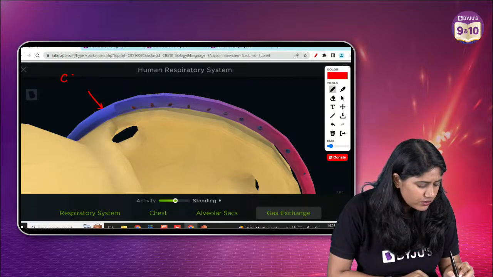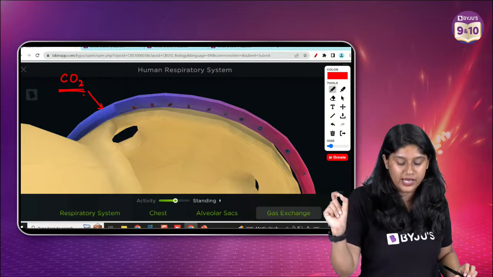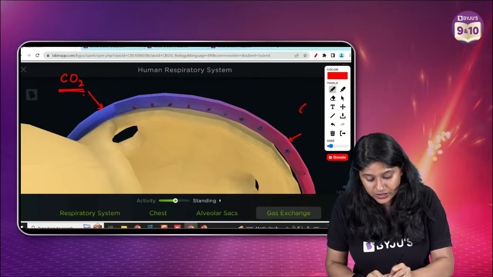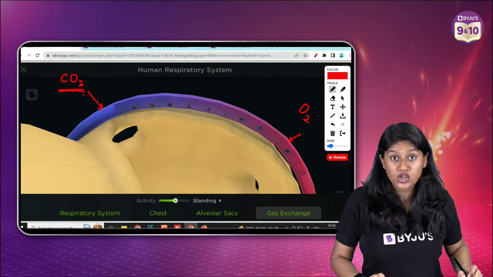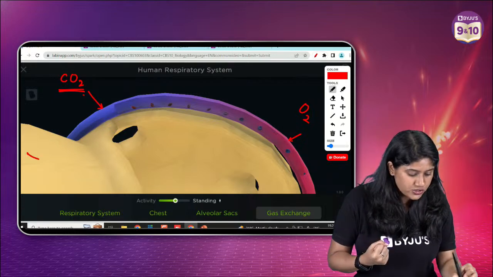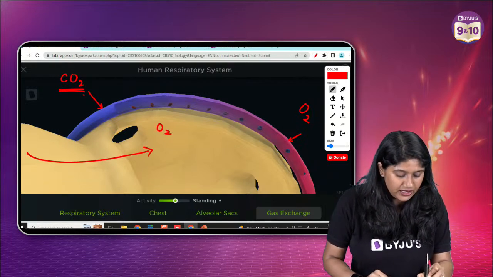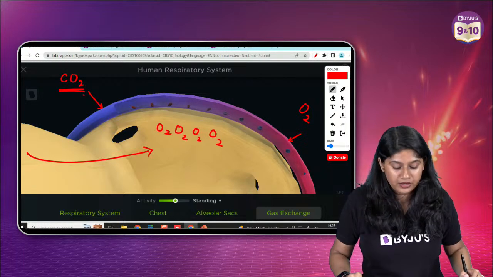So we mostly represent the blue color with CO2, that is carbon dioxide, and the red color with oxygen. So what happens, everyone, in the exchange of gases is that when we inhale, the oxygen rushes inside the alveoli. We have a good amount of oxygen, right?